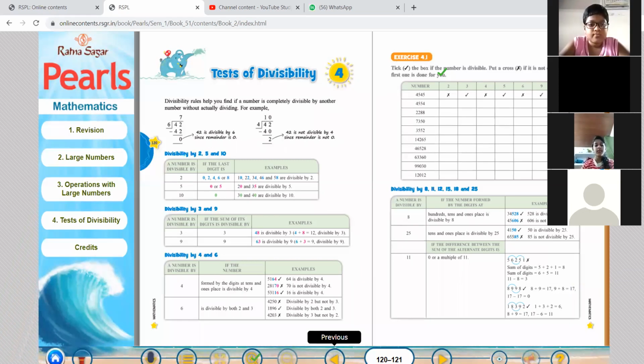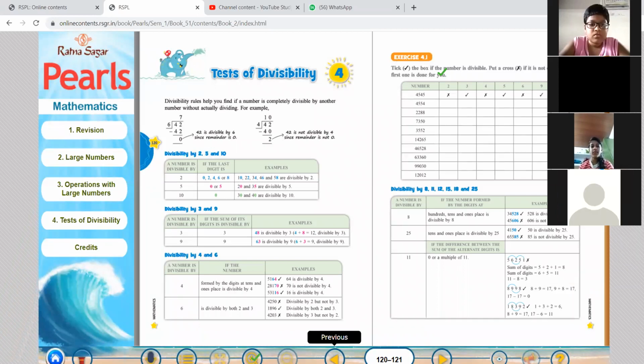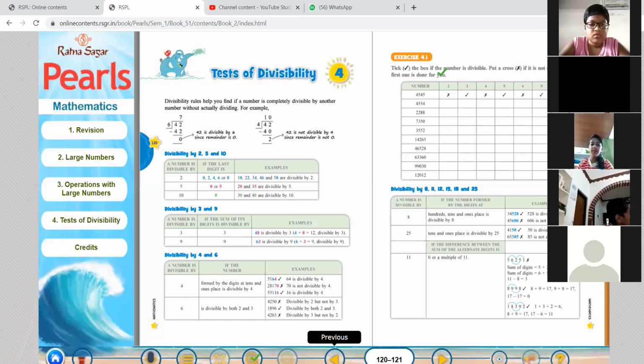And again, a number is divisible by 10 if the last digit is 0. And a number is divisible by 3 if the sum of its digits is divisible by 3. Similarly, the number is divisible by 9 if the sum of its digits is divisible by 9.